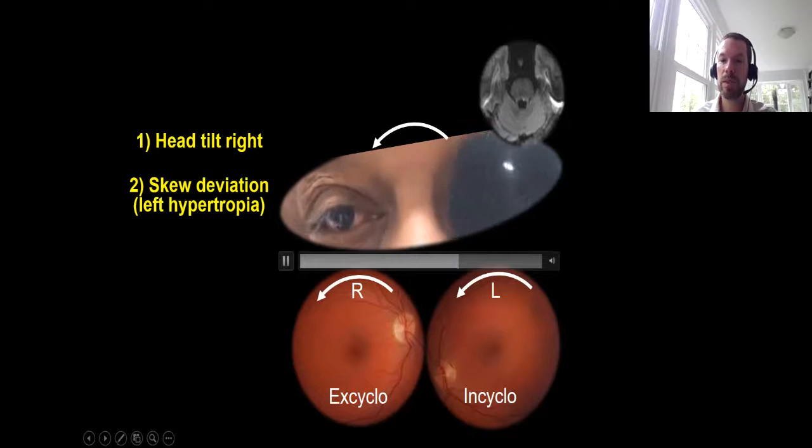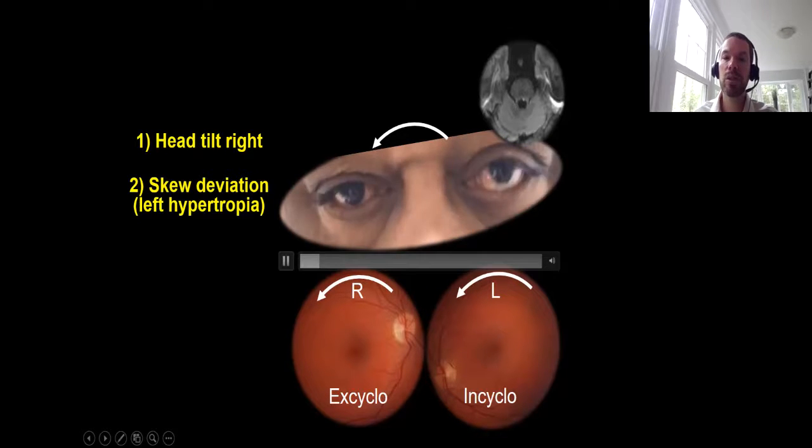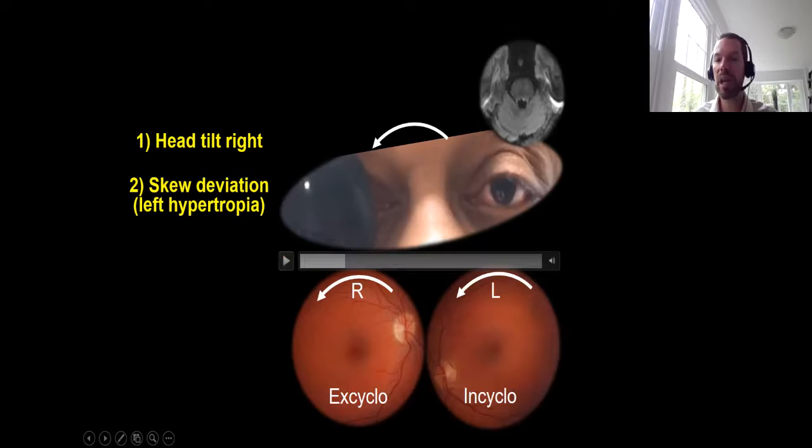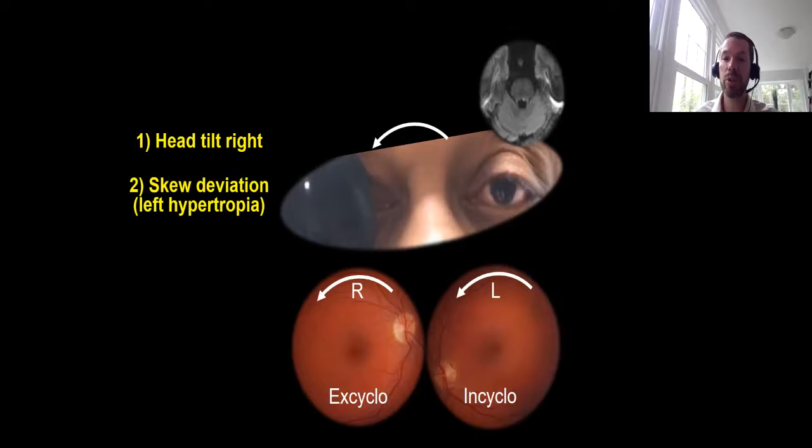And this one comes down and in, down and in, down and in. So the point here is that two things are happening. One is that there's a big vertical refixation from the skew deviation, and the second is that there's a big exotropia. That's because there's medial rectus paresis due to an INO, an internuclear ophthalmoplegia.